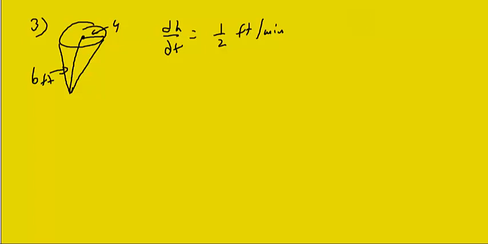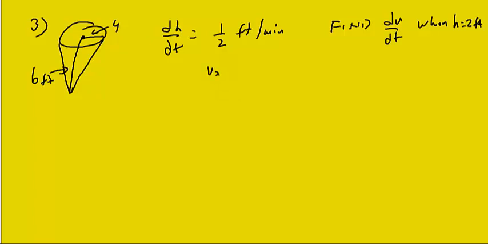How fast is the water being poured in? So that means they want to know how fast the volume is changing. So they want me to find dV/dt, how fast the water is coming in, at the instant when h is equal to 2 feet. Same thing all over again.